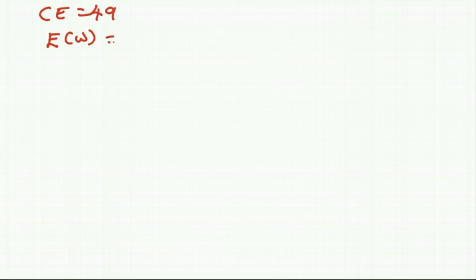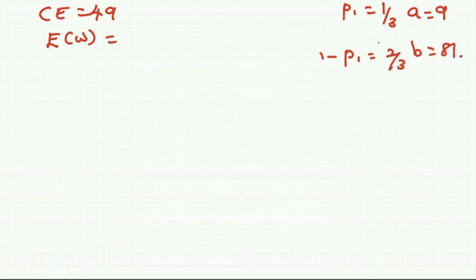So it is very simple. We have P1 equals 1/3. Okay, we have A equivalent to 9, isn't it? 1 minus P1 is equivalent to 2/3. We have found it earlier, B equivalent to 81. So if we play this kind of gambling or lottery, the expected income that we can get is what?